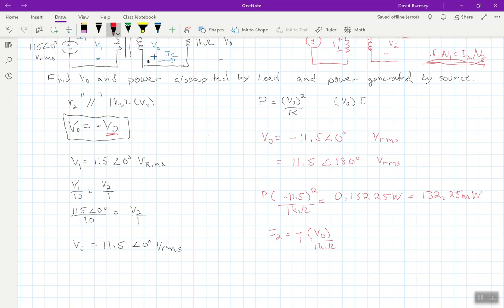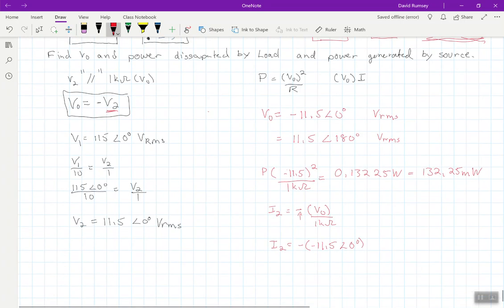That's why I get this negative popping up here. And so if I do that, I get I2 is negative 11.5 at an angle of 0 degrees divided by 1 kilo ohm, which gets me 11.5 milliamps at an angle of 0 degrees.